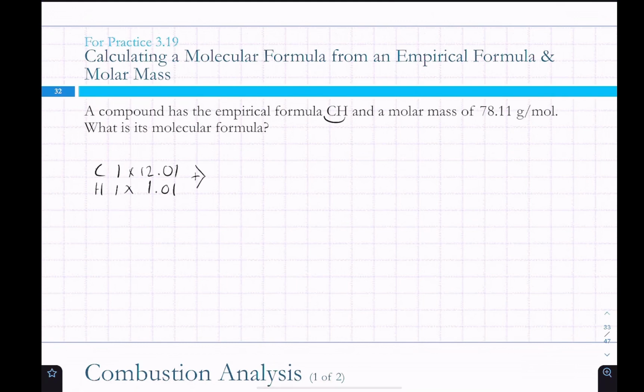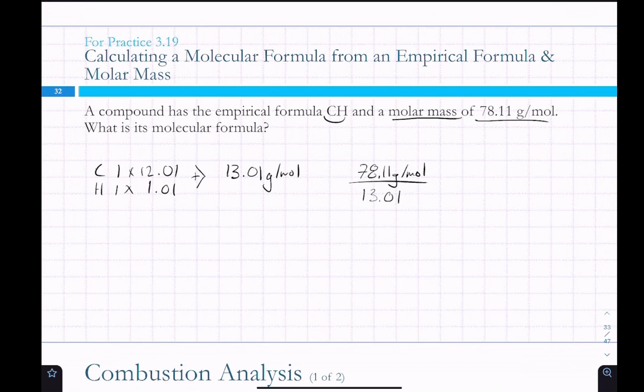That's going to be 13.01 grams per mole. And so we can take our molar mass, which is 78.11 grams per mole, divided by our empirical formula mass.